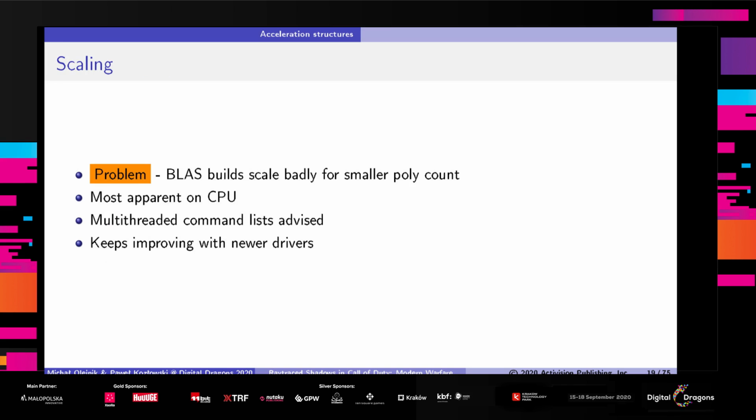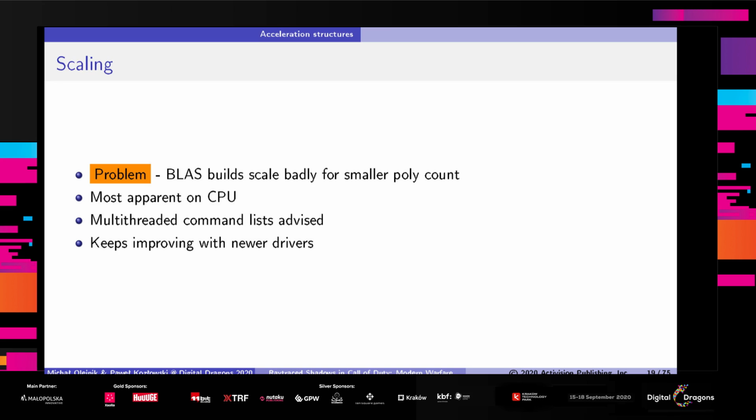It's important to note that BLAS building times scale badly for smaller poly count, so you need to provide the BLAS builder with enough work to make it worth the overhead of the build. Especially important is the CPU cost, so if you are doing your own ray tracing backend implementation, be sure to use DX12 multi-threaded command lists, otherwise it may become a bottleneck in your pipeline.